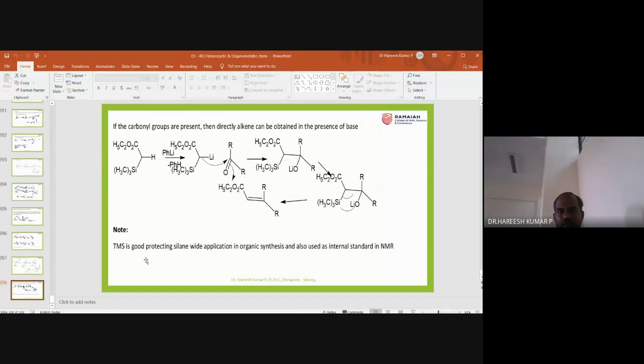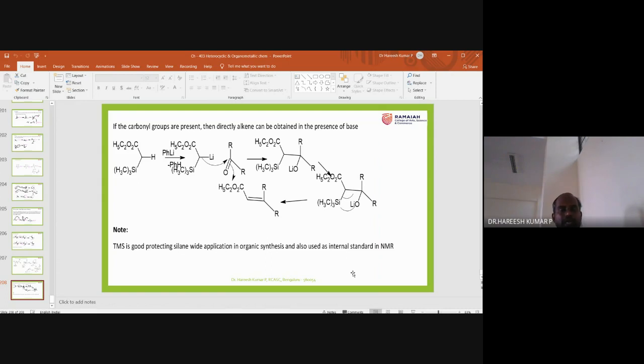I think you have observed the extreme right peak in NMR. You can find this TMS peak as an internal standard. TMS will be used as an internal standard.